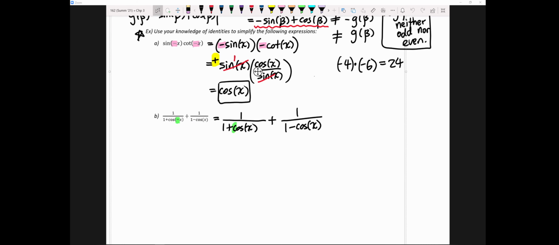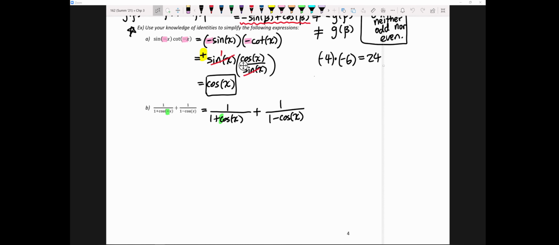When we're combining fractions that don't have the same denominator, we have to get an LCD. And to help us with this one, let's say that our denominators were 1 plus a, so let's say this was 1 over 1 plus a plus 1 over 1 minus a.